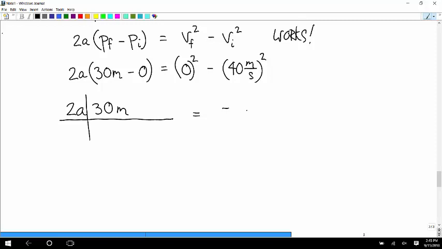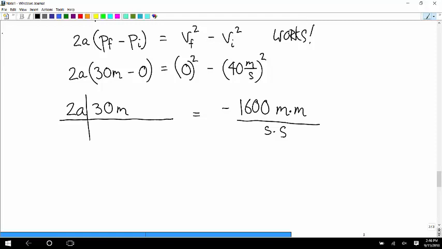You can square it right now, so 1600. And we also have meters squared over seconds squared. I'll write that as meters times meters over seconds times seconds. Any questions yet?